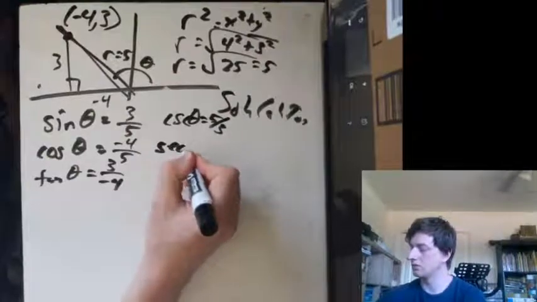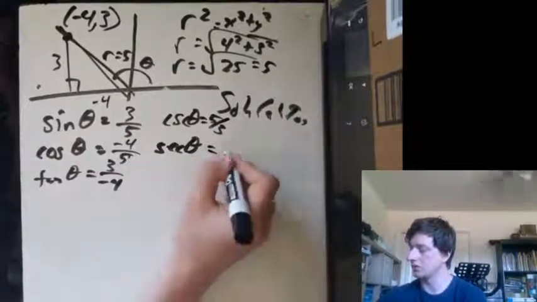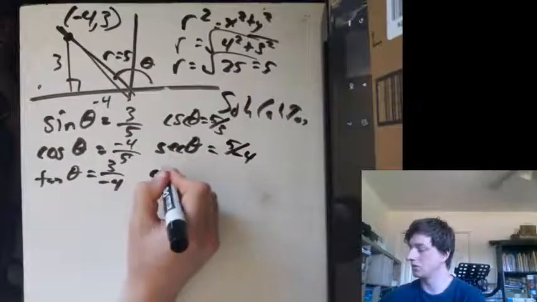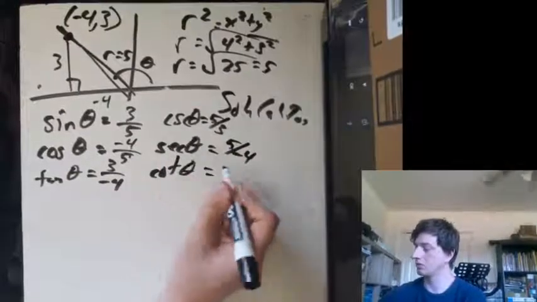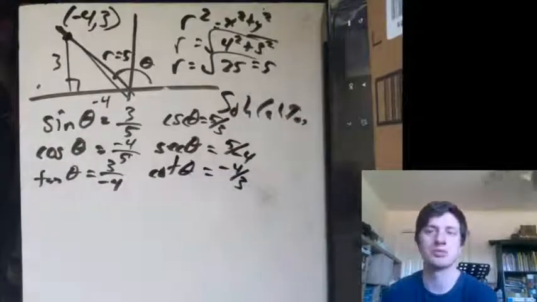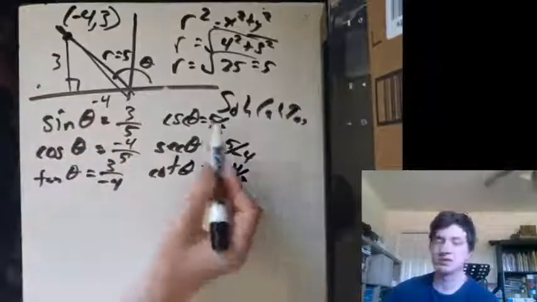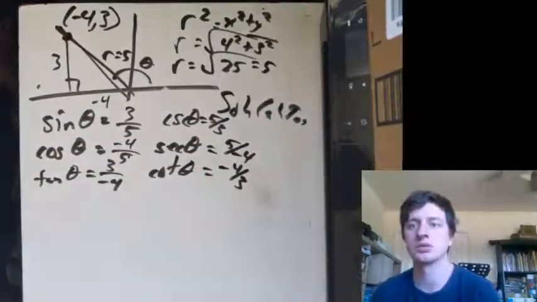And secant theta is just this fraction flipped over. And then cotangent is this flipped over. It's the reciprocal of whatever the fraction was. So once you figure out these three, you just flip them, and it's the cosecant, secant, and cotangent functions.